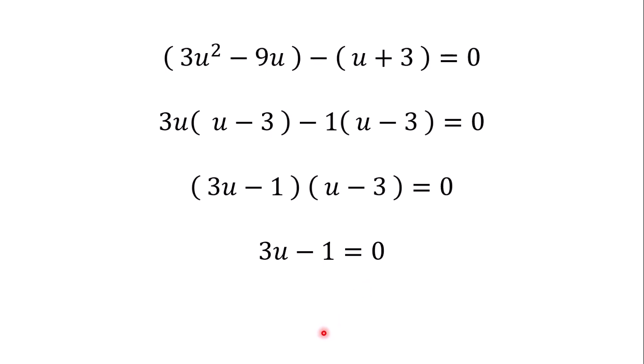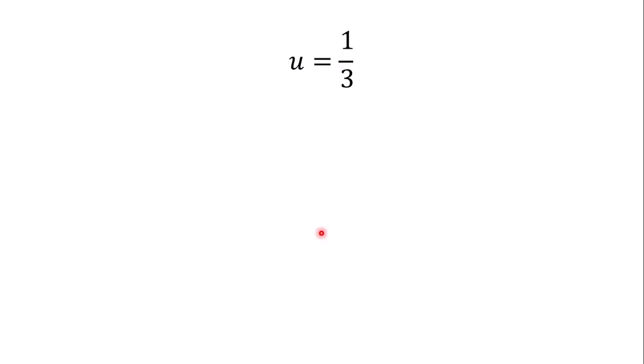So you're going to get 3u is equal to 1. Then we divide both sides by 3, and that will give us u is equal to 1 out of 3. So the value of u from the equation is 1 out of 3. That is the first value. So let's move on to the other one.